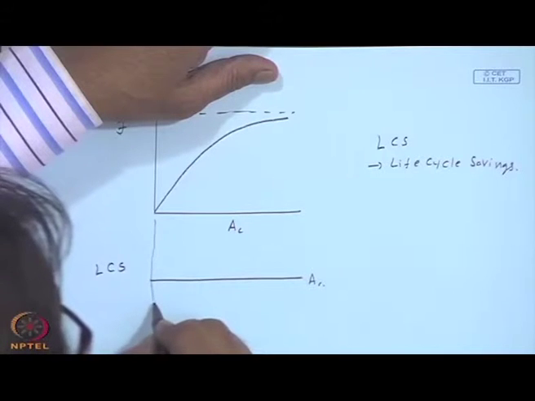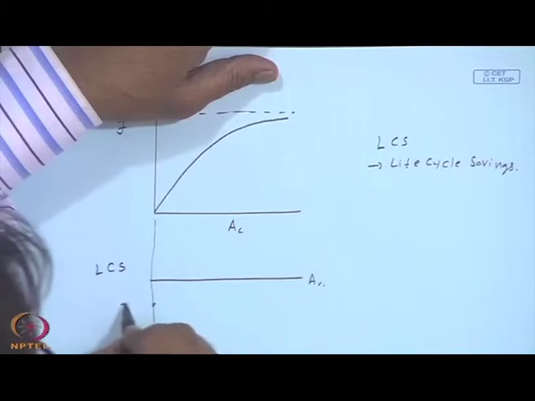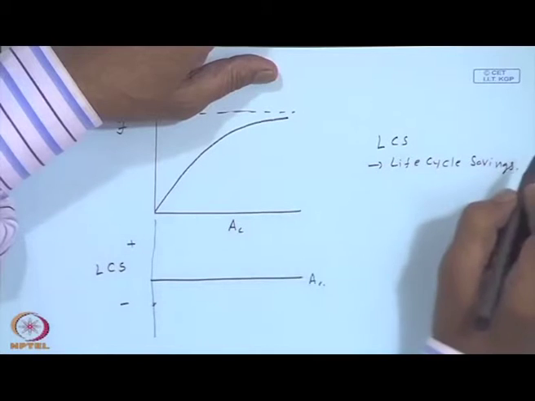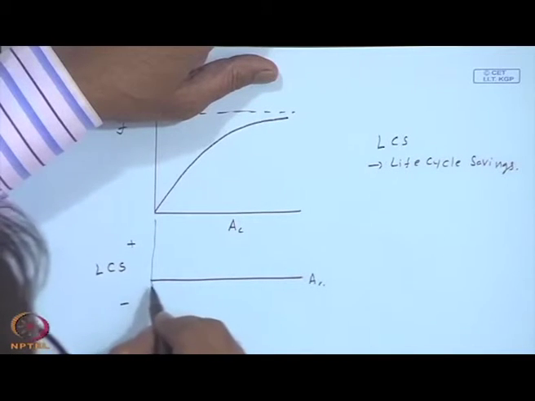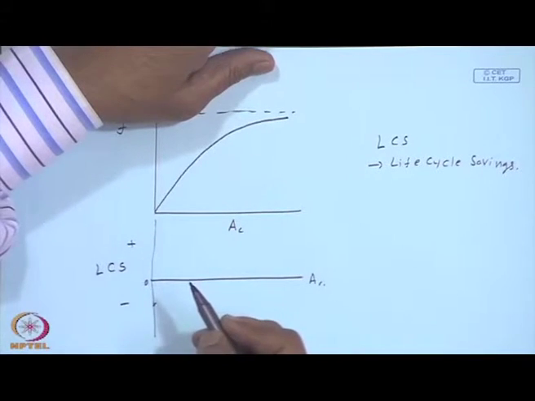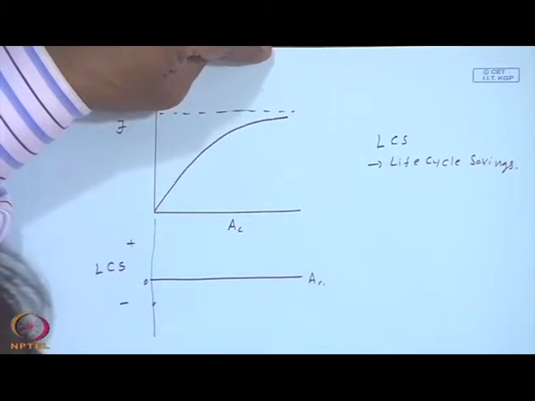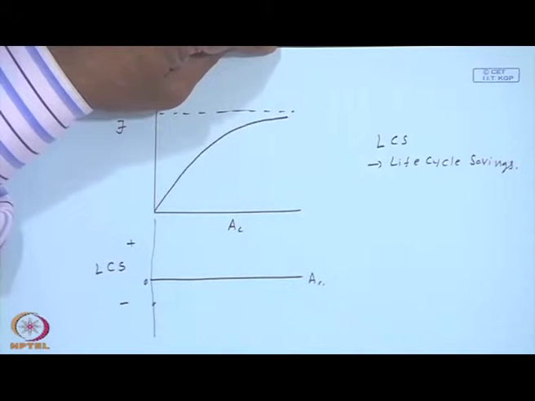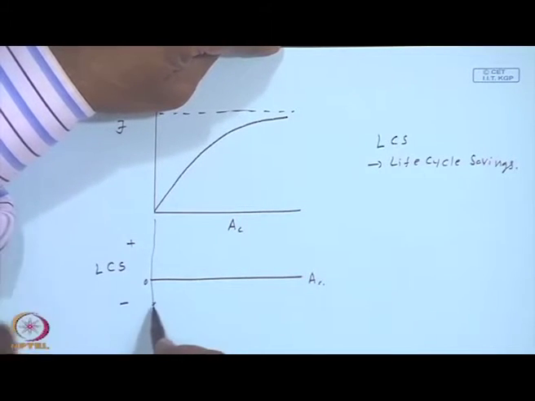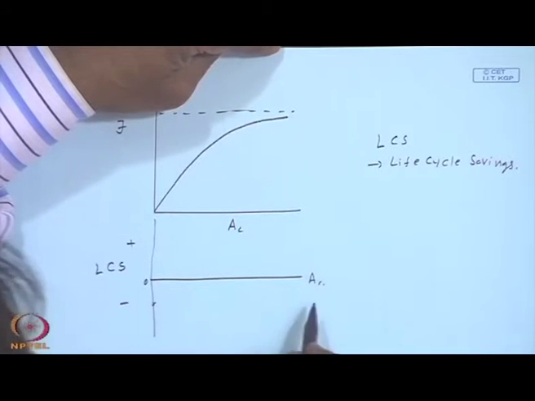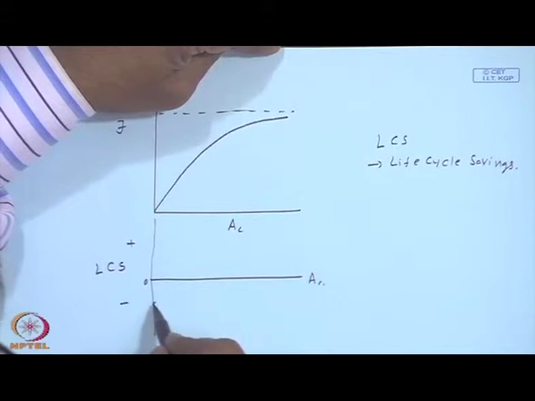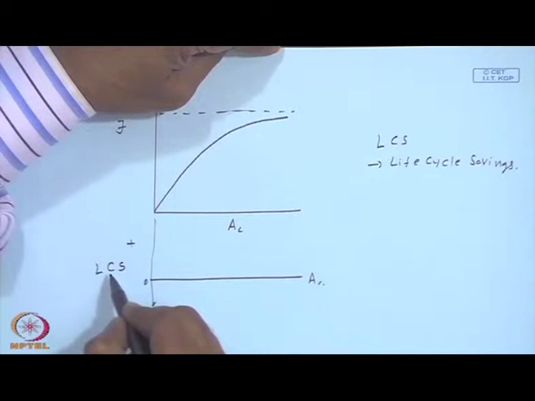So, it starts with negative and this is positive. In other words, when area is 0, I think he may be a little naive. He bought the heat exchangers, the storage tank, site preparation, everything, but did not put any collector. Consequently, all that cost will give rise to a negative life cycle savings.